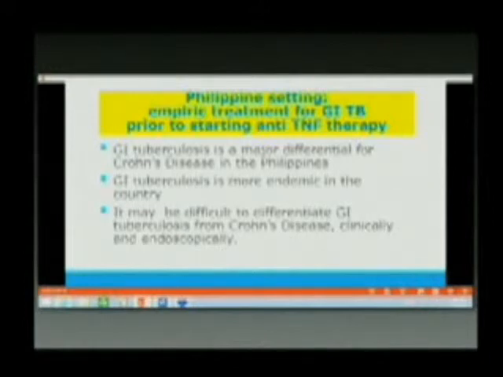If the patient does not respond, it is only then that we start anti-TNF therapy.